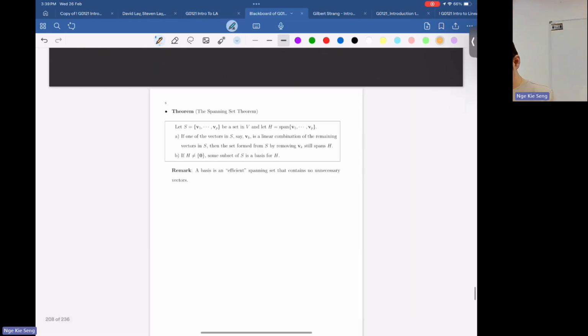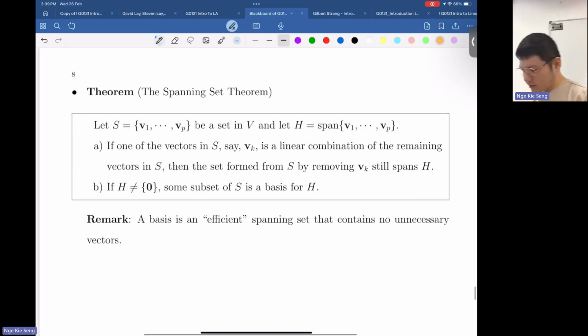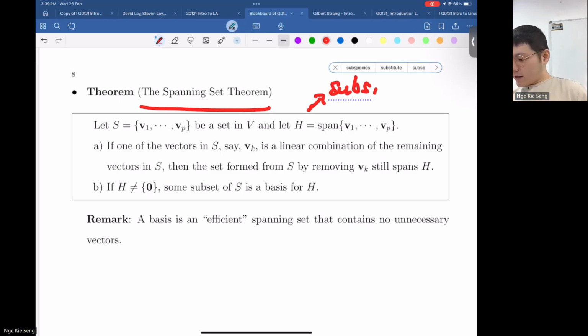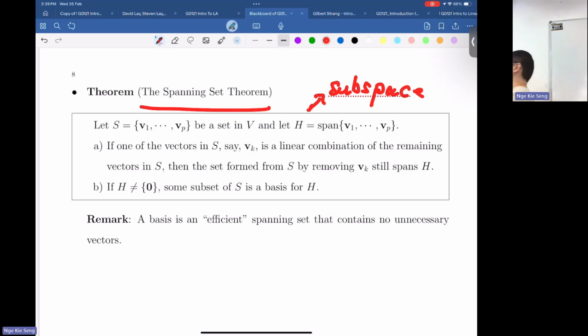I think later we'll see more. Let's continue with our story here. The first theorem we'll see today is the spanning set theorem. Let X be a set of vectors, and H is the subspace spanned by V1 out of VP, meaning inside H is all the linear combinations of these vectors.